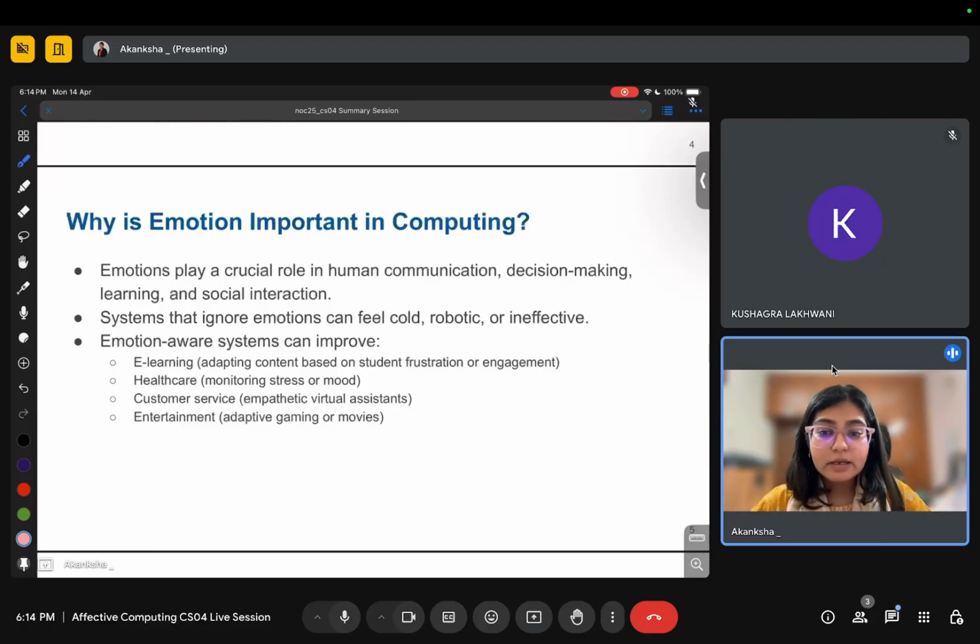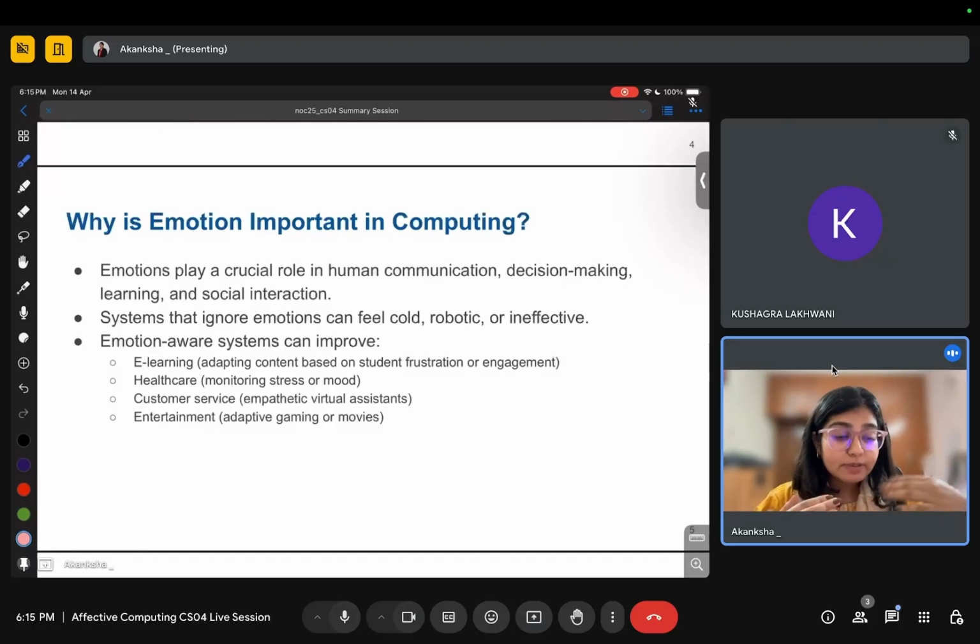Second is healthcare, monitoring stress or even mood. It also finds applications where a person is not able to communicate, for some reason they cannot talk.